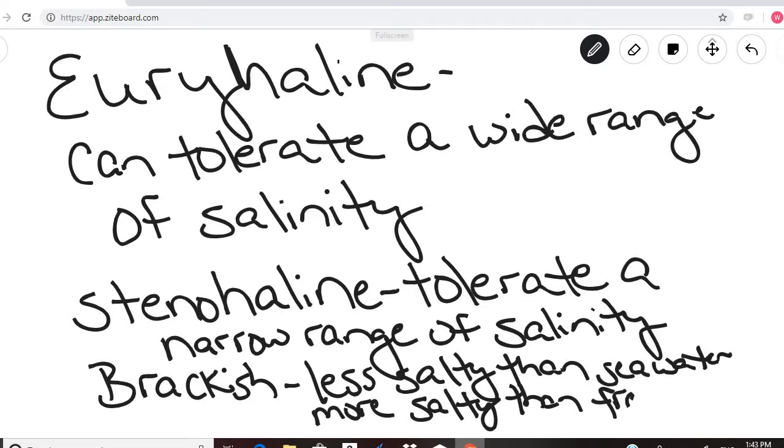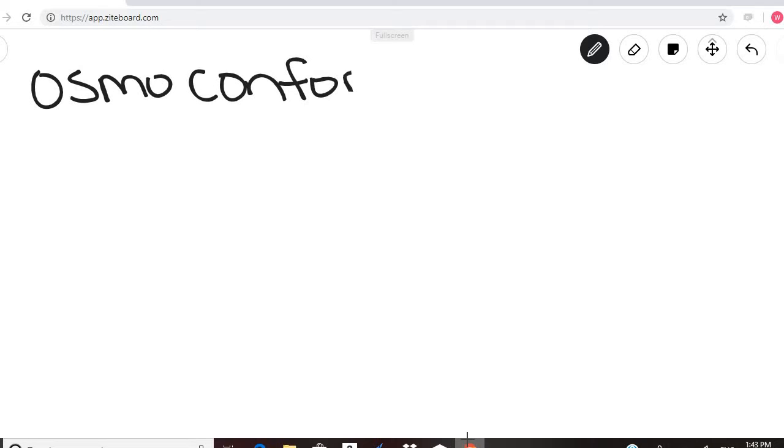So there are organisms that can survive in a brackish environment. Some organisms can tolerate a wide range of salinity, some cannot tolerate much range in salinity. So we've used these words before, but let's throw them out there again because they relate to organisms being able to adjust to changes in salinity.